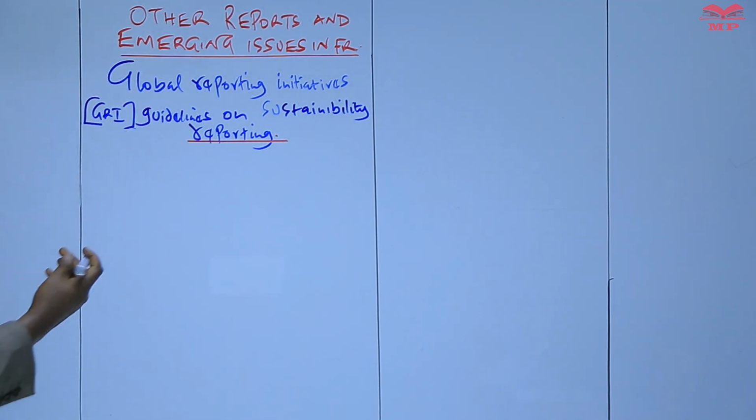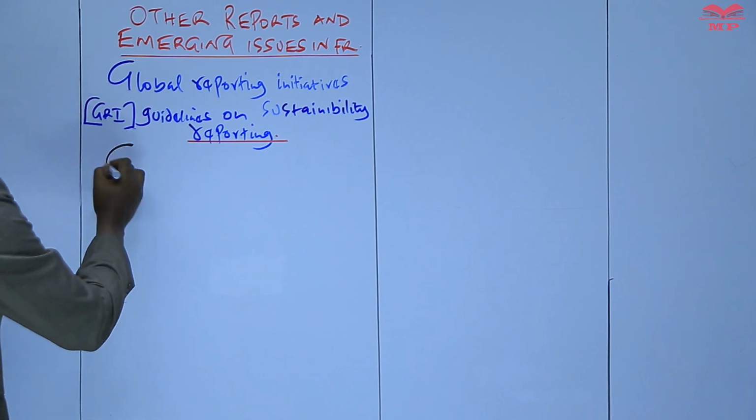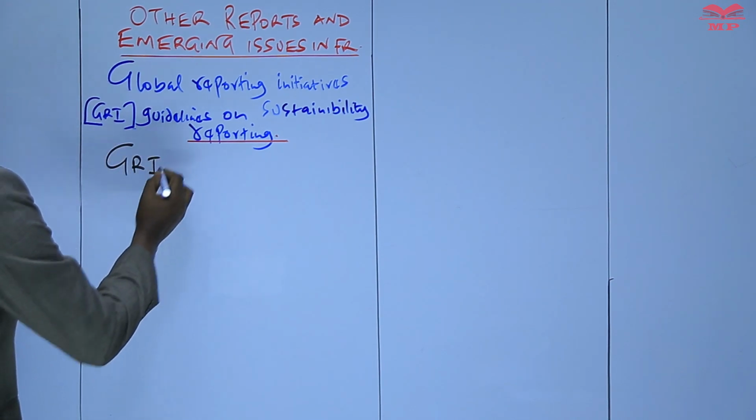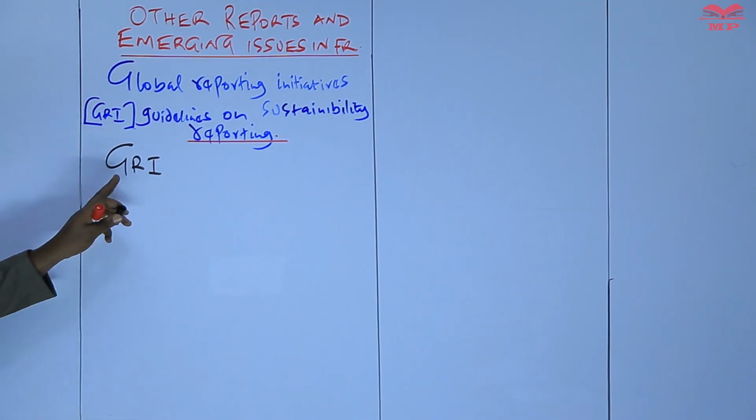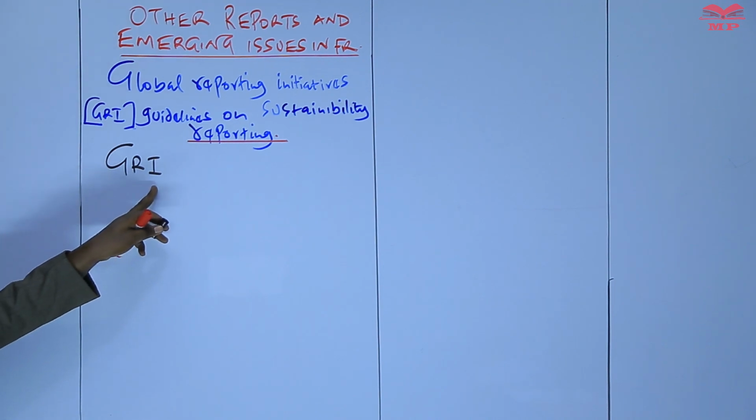So therefore, first of all, we can say that the Global Reporting Initiative, that is GRI, is what?